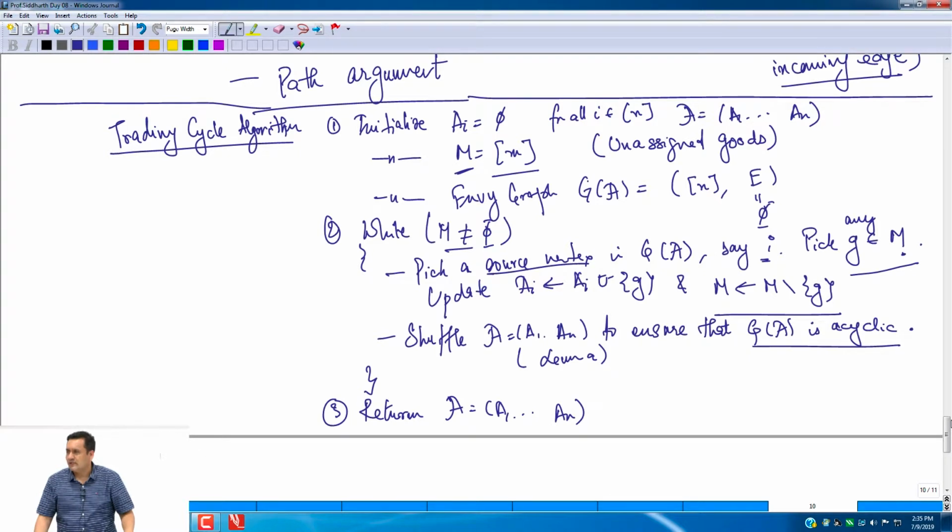So it is likely that, in particular, the number of shuffles, the number of cycles you have to resolve to go from one partial allocation to the other, especially in light of the fact that you're only assigning one new good at a time, and so on.